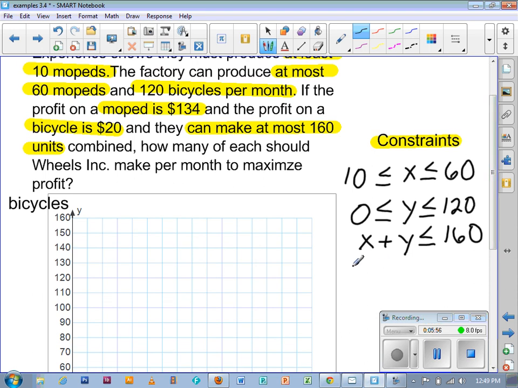So we simply say X has to be greater than or equal to 0. All that means in the context of this problem is that the number of mopeds produced has to be positive. It can be 0 or higher than that. And then, of course, the same is true with our number of bicycles. Y has to be greater than or equal to 0.